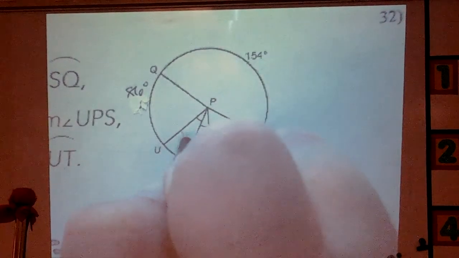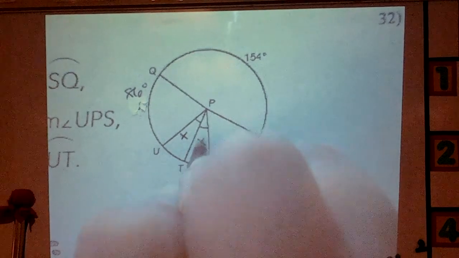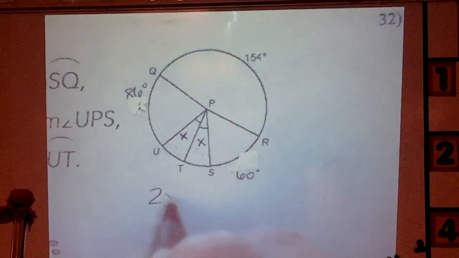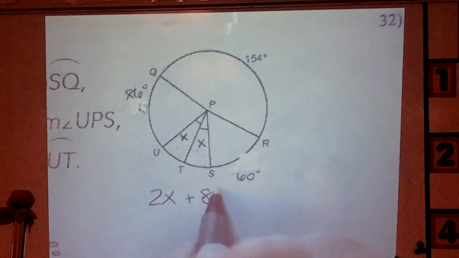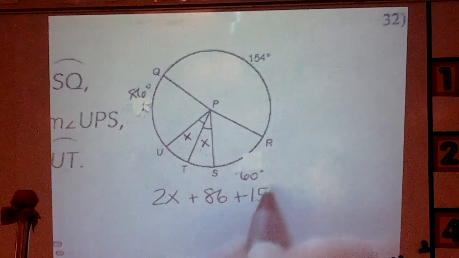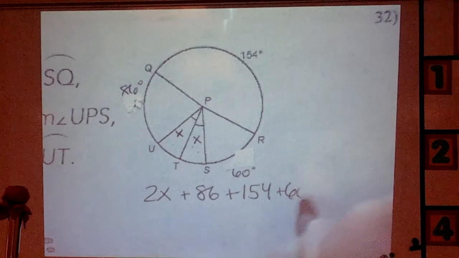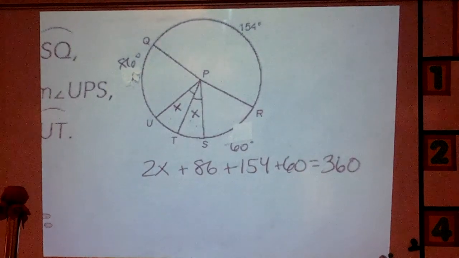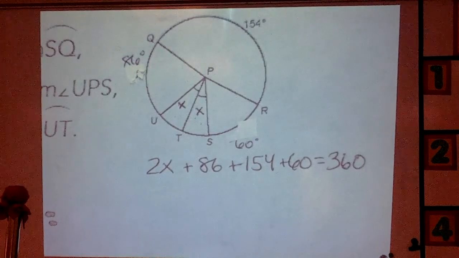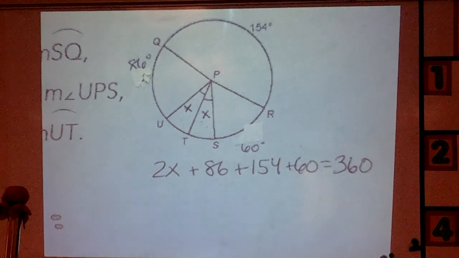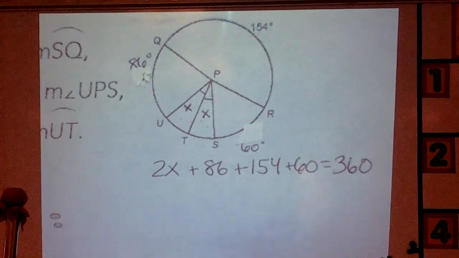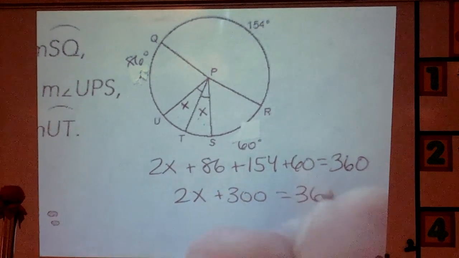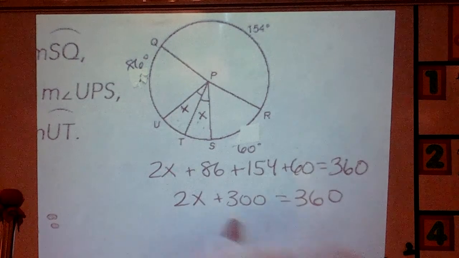I need to remember that all the angles around the center are going to add to 360. So if I just call these little dudes x, that means x plus x, so 2x, plus 86 plus 154 plus 60 equals 360. And I'm going to do a whole bunch of combining like terms, which gives me 2x plus 300 equals 360.